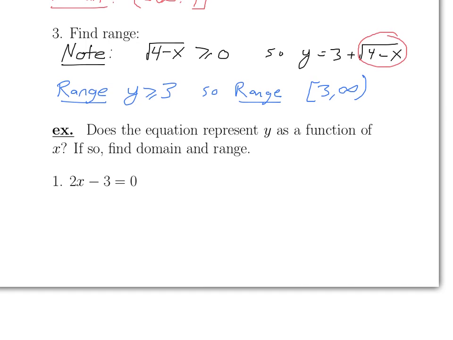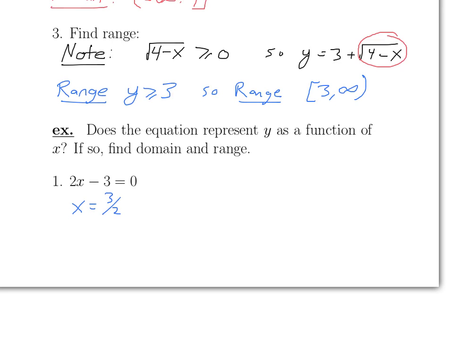Next one. Does the equation represent y as a function of x? So which equation are we talking about? We have 2x minus 3 is equal to 0. So if I solve for the variable, I'm going to get x is equal to 3 halves. Now that's regardless of the y.